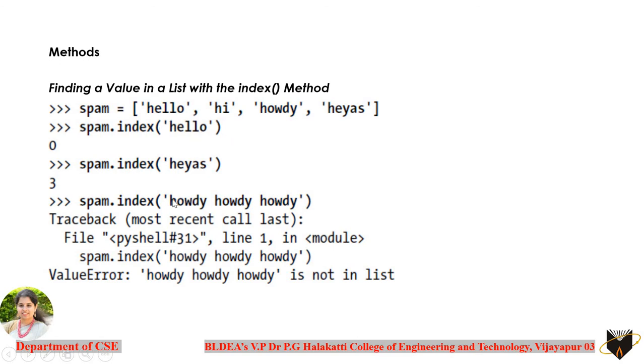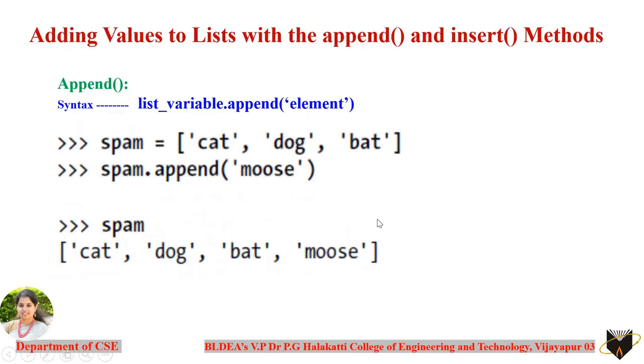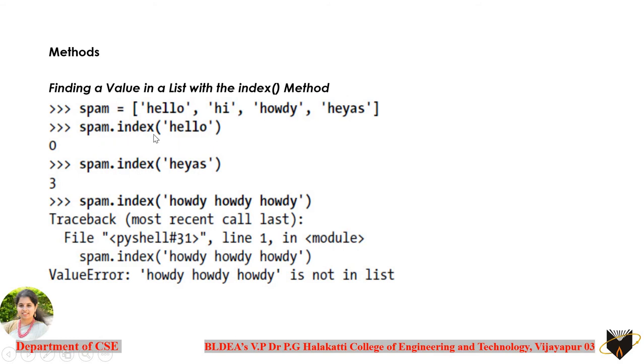If you check for an element which is not present, you get an error saying howdy is not in the list. I hope it is clear when index is used. It's very simple: when you use the index method on the list, it gives you the index position at which the element is present.